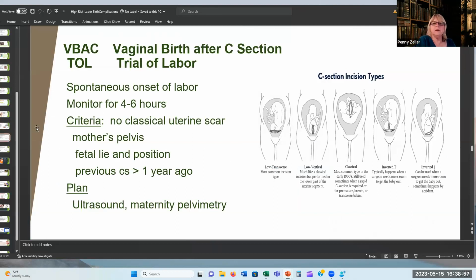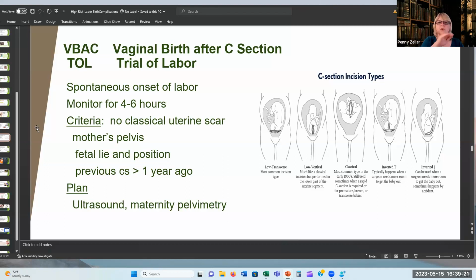And then there's women who have had a C-section. Their very first pregnancy and delivery was a C-section. So they're actually cutting into the abdomen, clearing away all the muscle and the fascia, and getting to the uterus and cutting into the uterus. And it depends how they did that.